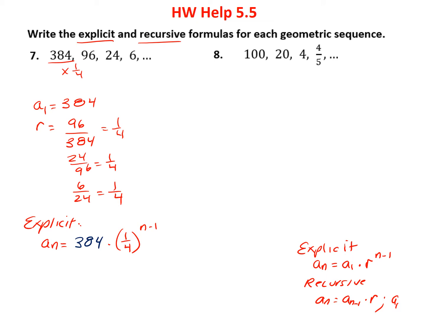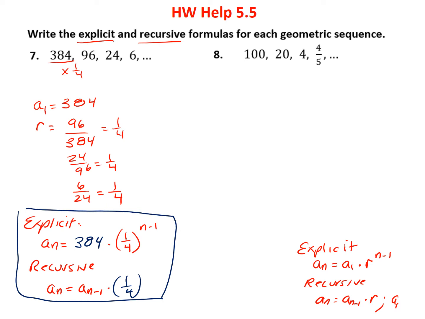All right? Our recursive is going to be the nth term equals the n minus 1 term times the common ratio. And so there's the explicit and recursive formulas for number 7. So let's move to number 8. Number 8, again, the first term is 100.